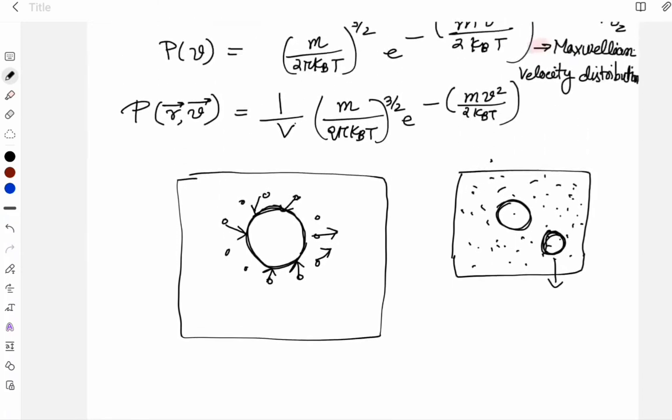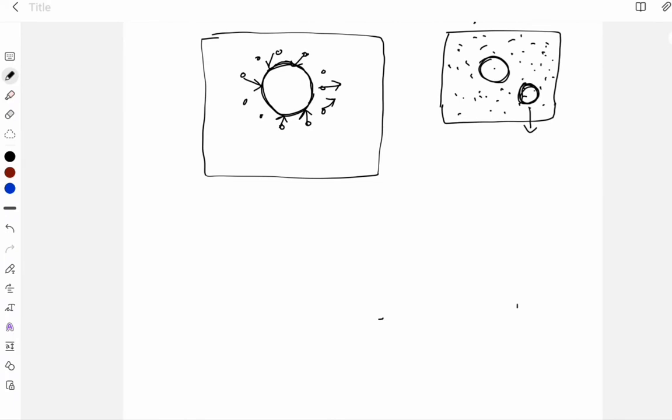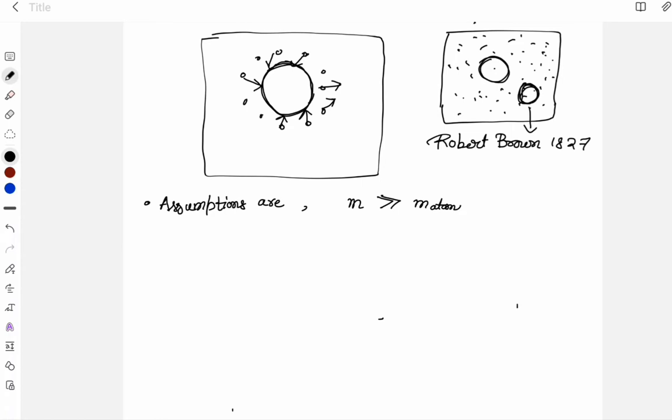So our approach is to first write the equation of motion for the Brownian particle. So the assumptions, okay, this is Robert Brown, 1827. The assumptions are that the mass of the Brownian particle is much greater than the mass of the atoms.